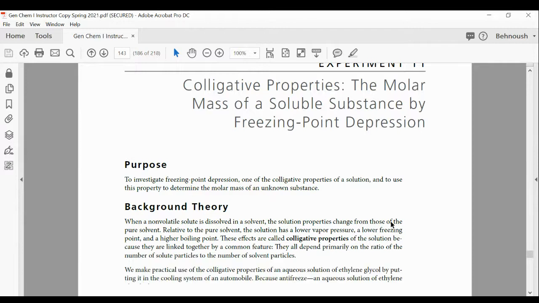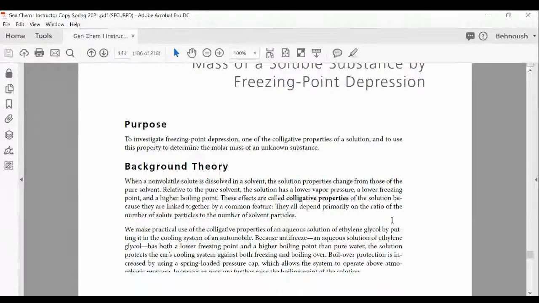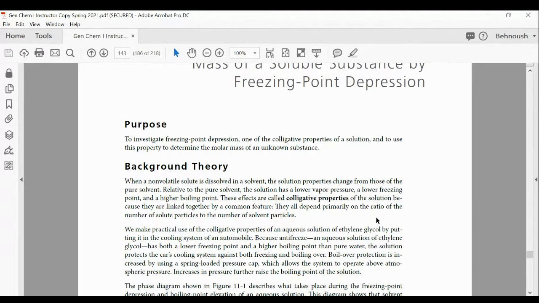Okay, next experiment, molar mass of a soluble substance by using freezing point depression. Basically it is a colligative property. Colligative properties are properties that depend on the number of particles: freezing point depression, boiling point elevation, change in osmotic pressure, change in viscosity.